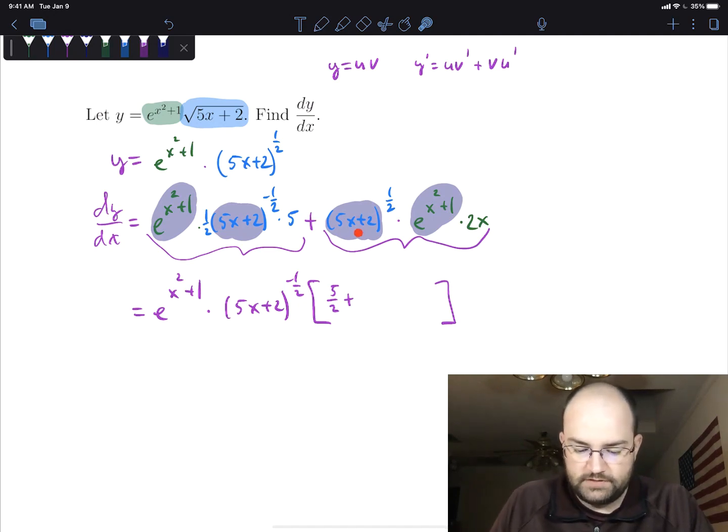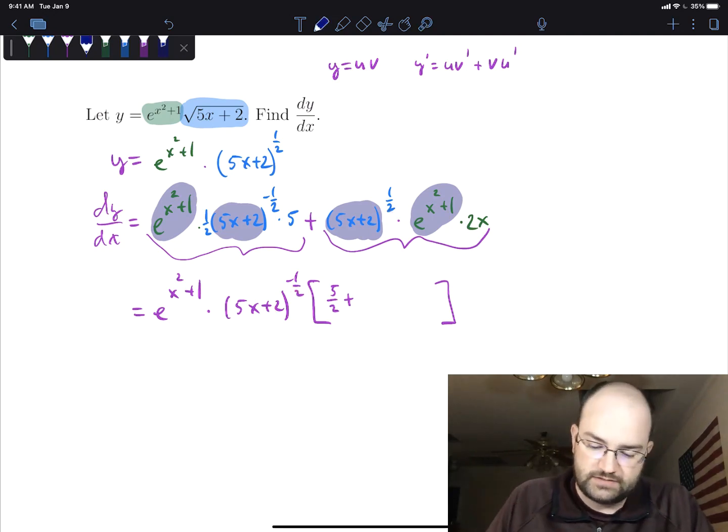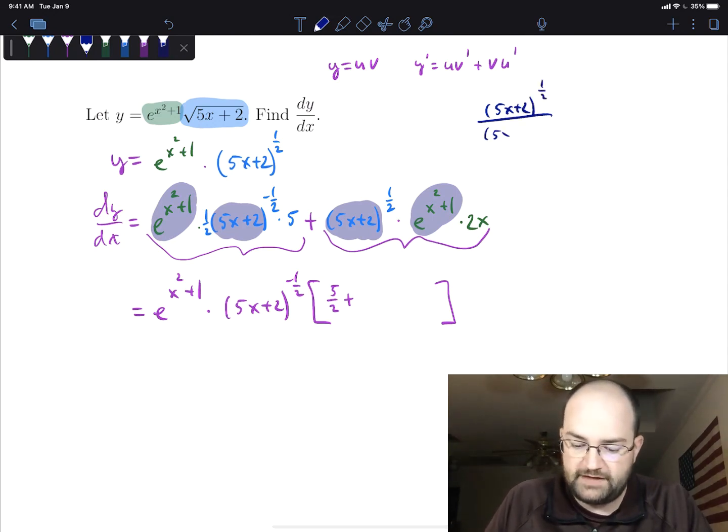Now over here, this 5x plus 2 does exist here, but notice that the exponents are different. So whenever we're just dividing here, if I take that (5x + 2) to the half power and divide by the common factor of (5x + 2) to the minus half power, notice what's going to happen.